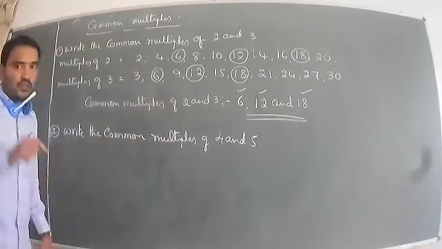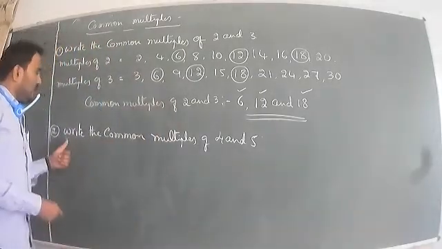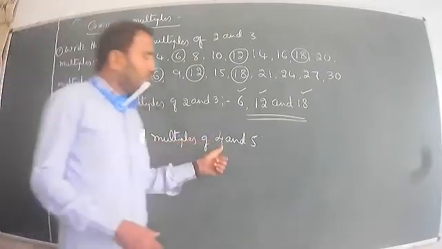Now I will go for the second example. Write the common multiples of 4 and 5.